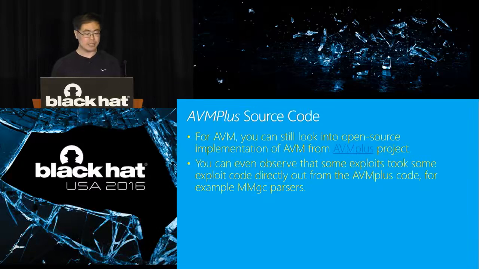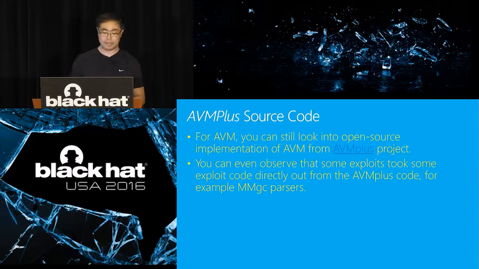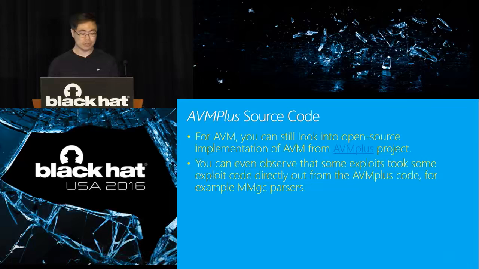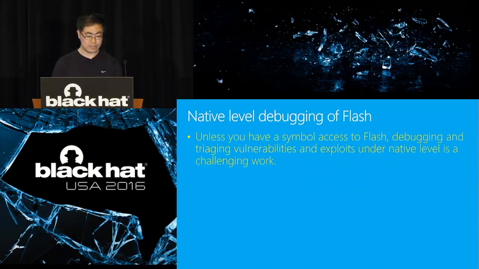The other very helpful resource is the AVM Plus source code. Adobe kindly shared their AVM virtual machine source code on GitHub. It's 2 or 3 years old, but a lot of internal structures are there, and it can be a really good reference when you are reverse engineering exploits.